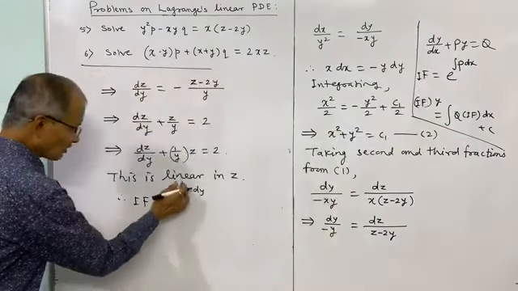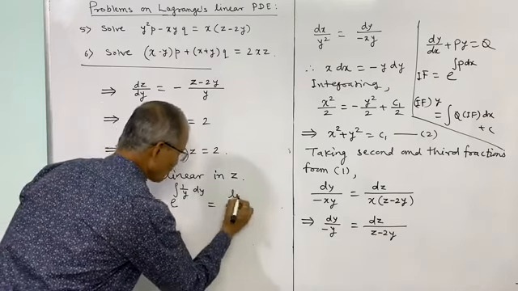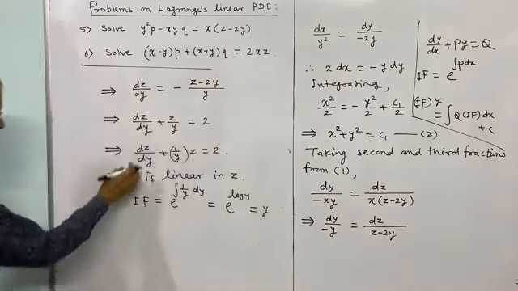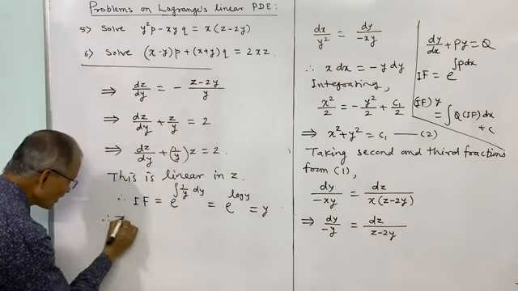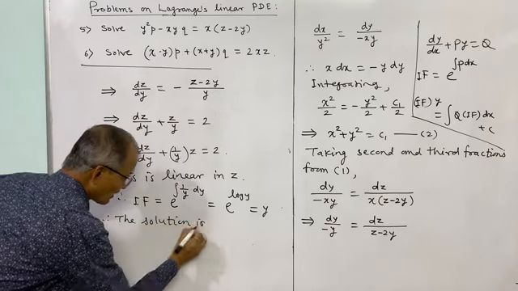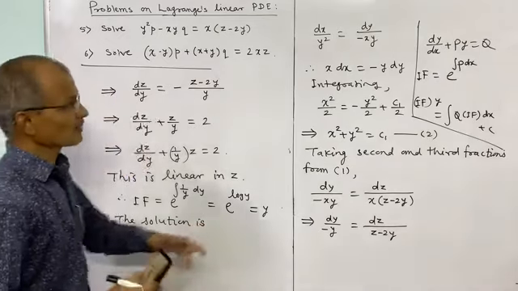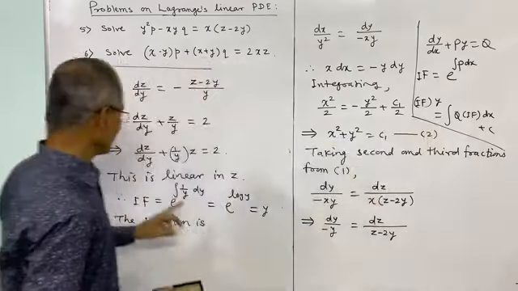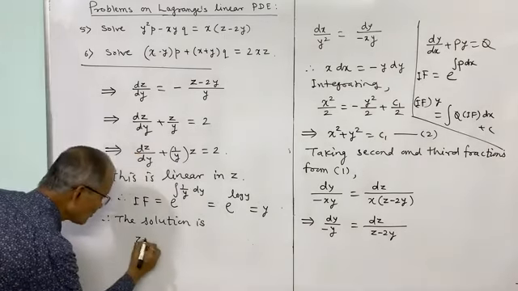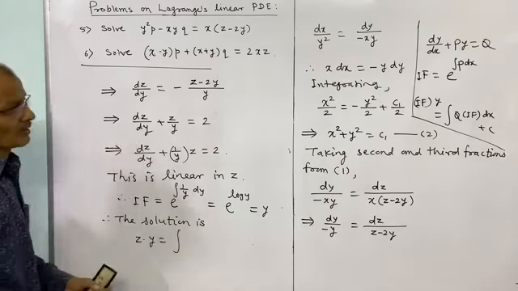And what is the integration of 1 by y? We know it is log y. So it is e to the power log y, and e to the power log y is simply y, and therefore the solution is z into IF, is z into y, is equal to integration q, what is q?